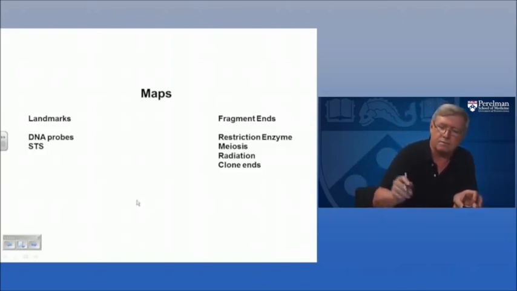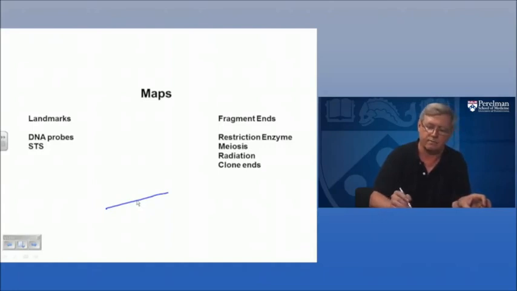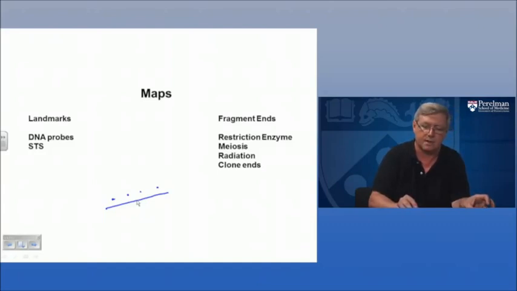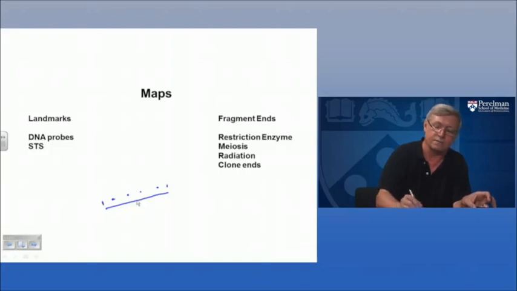So if this is a DNA fragment, for example, and you have these series of landmarks, if all of these landmarks can be recognized by this single DNA molecule, you know that they're all present within whatever this distance is, which corresponds to the size of the DNA molecule.